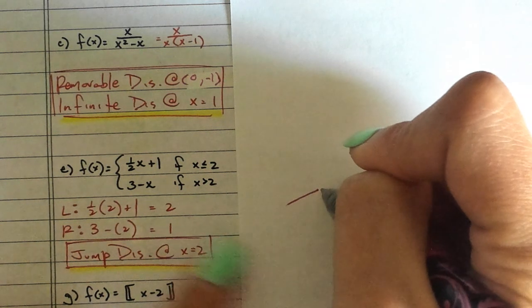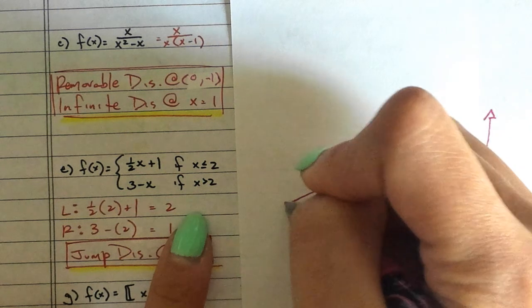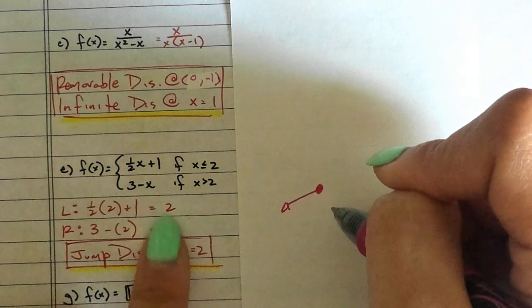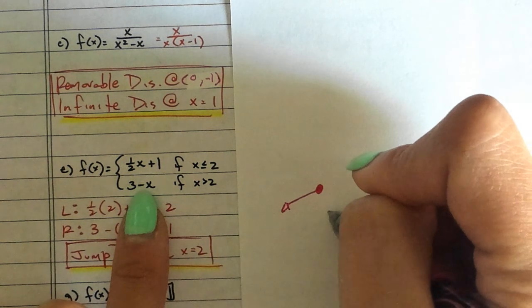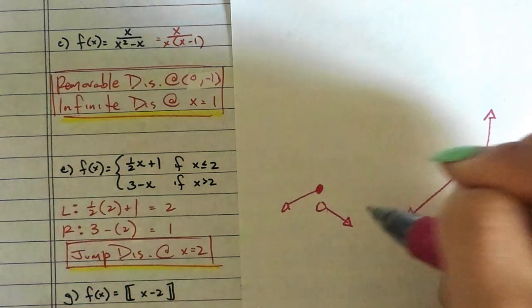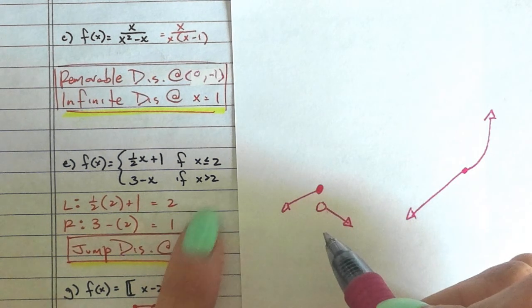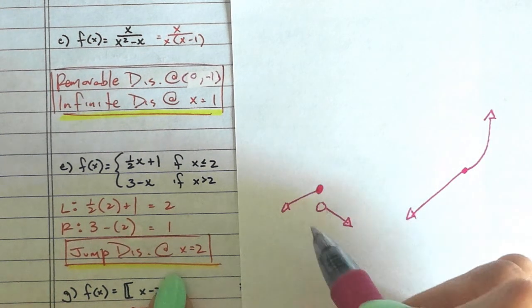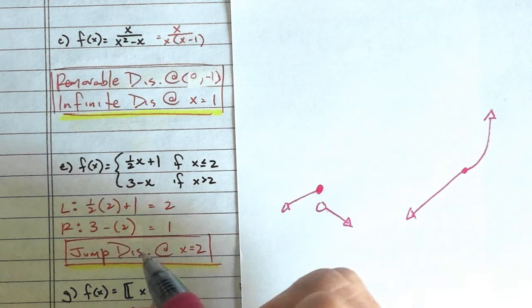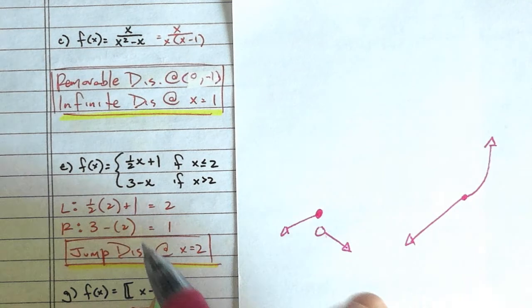There is a point there. And then on the right side, I have a negative slope, and then it goes to 1. If I was going to graph this, at x equals 2, it would look something like this. And you can see from the graph, that's a jump discontinuity. I'm just trying to show you what it really looks like and why that's the answer.